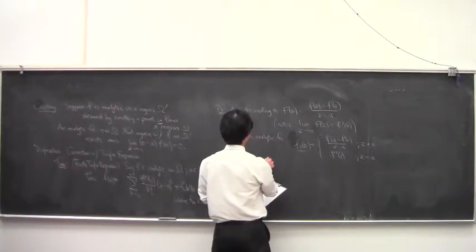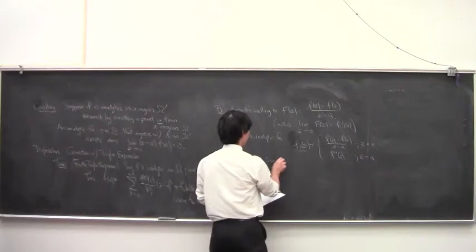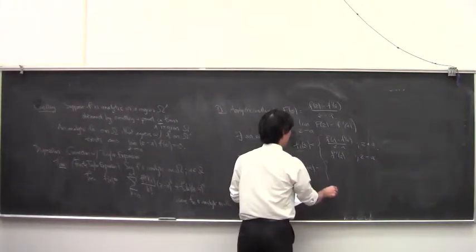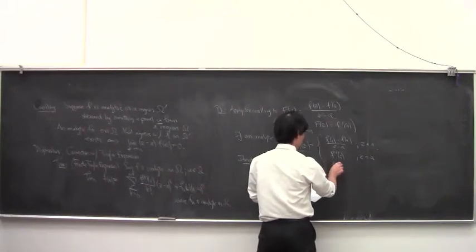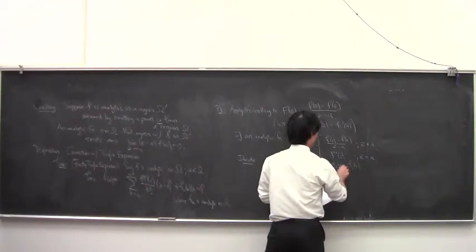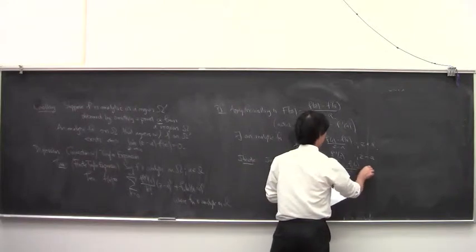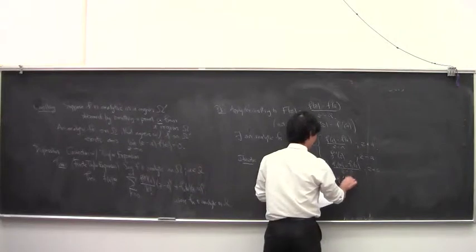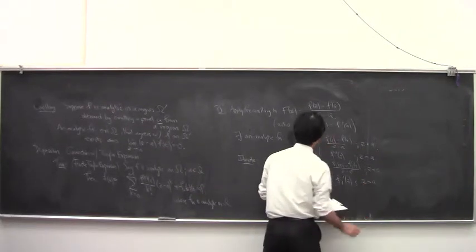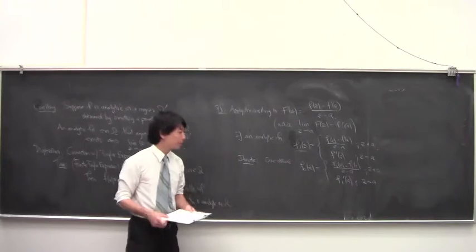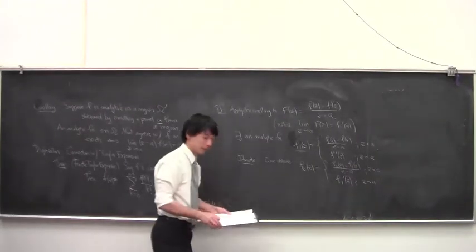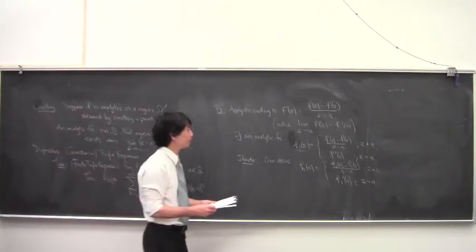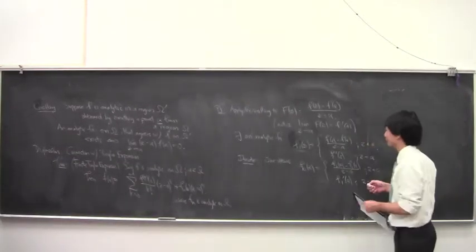One obtains another function f2(z), which equals (f1(z) minus f1(a)) over (z minus a) when z is not equal to a, and f1 prime of a at z equals a. And you keep on going. What can you get out of this?